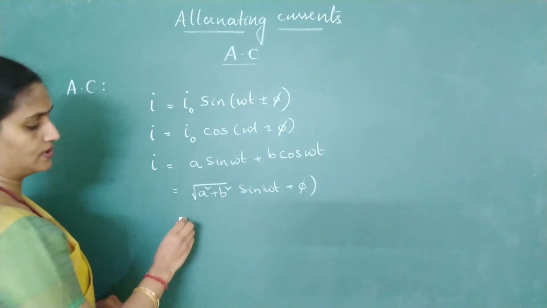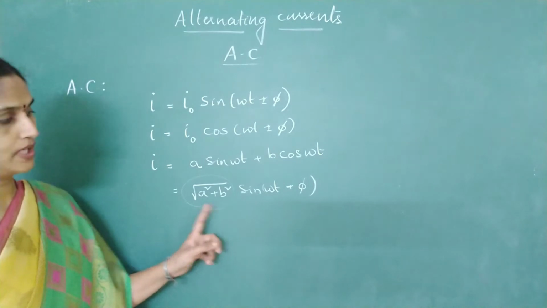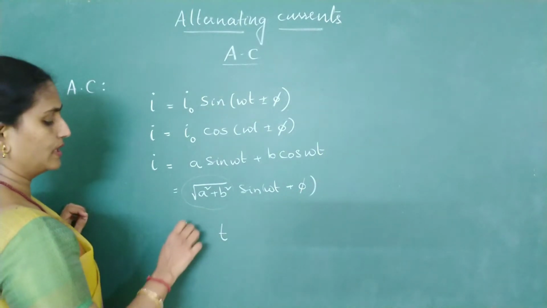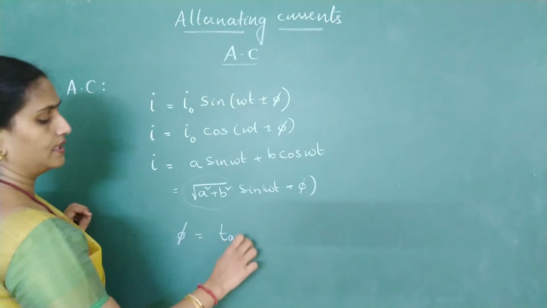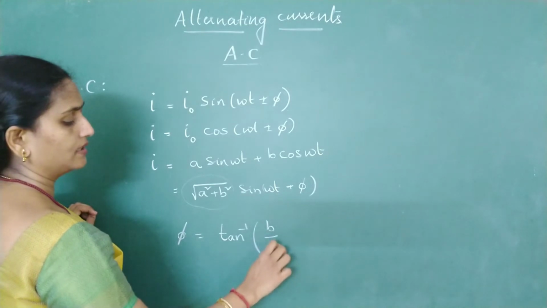What is the amplitude of this wave? It is root over A squared plus B squared. And how to get the value of tan phi? Phi is equal to tan inverse of B by A.